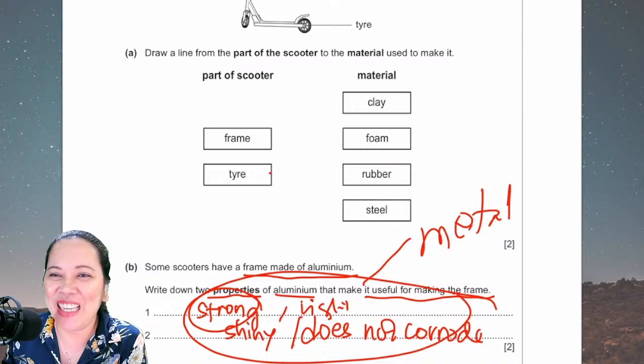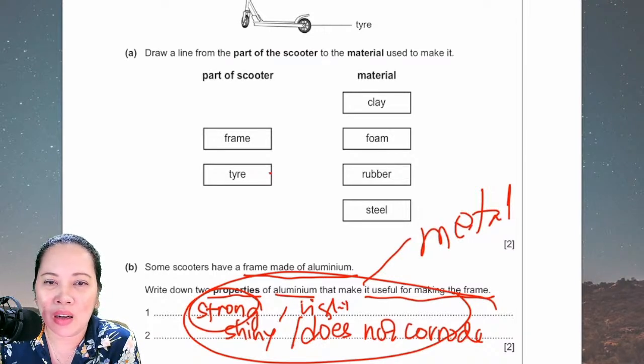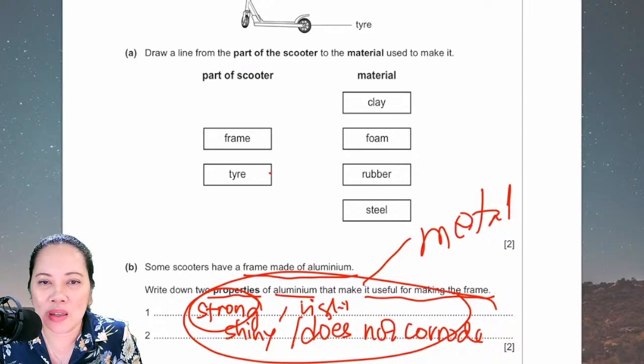Okay, I think that ends our revision for tonight. So we are ready to play one game of, wait, let me just close it. One game of our, what was that game again?